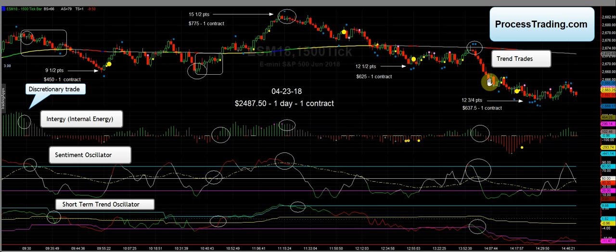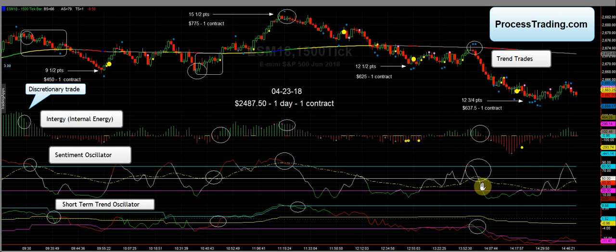But this is a trend trade, and that is the rules, and that's how the trend trade works. But if we look at the discretionary indicators, they should agree with the decision to go short at those points. And in fact, we do see that the energy is coming out of it. It's turning weak because we get a gray bar there, and subsequently goes negative.